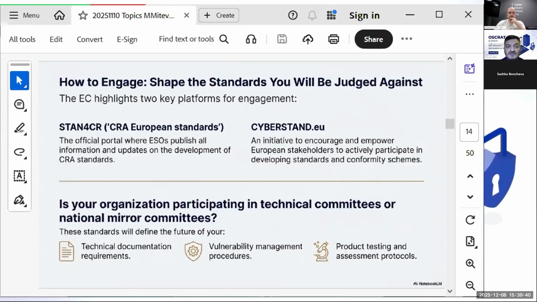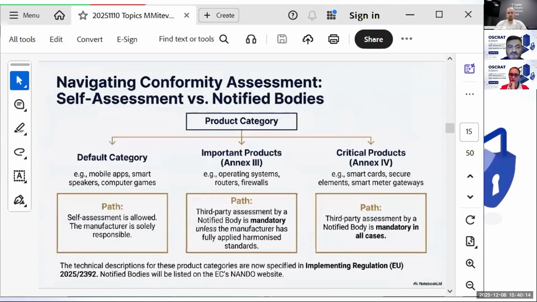Its purpose is to support European stakeholders and help them join standardization work. If your organization joins technical committees or national mirror committees, you can directly influence the requirements that you will later have to follow. The standards will shape your documentation, your vulnerability management, and your testing methods.